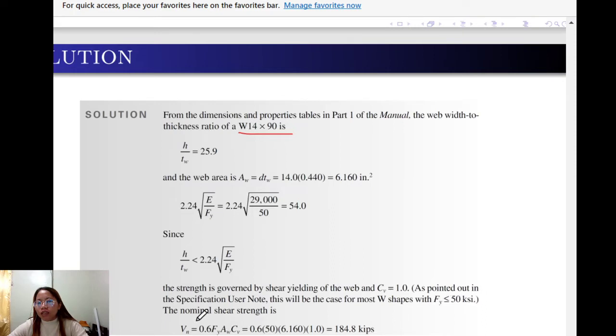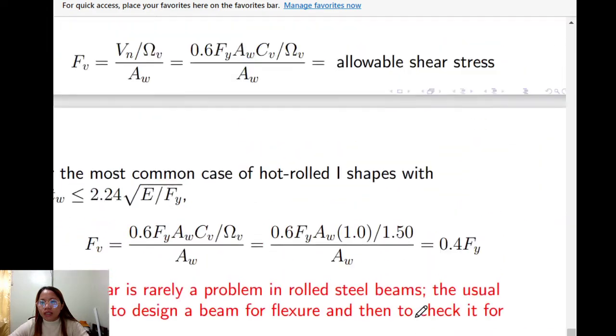KSI. So the nominal shear strength is equal to 60% of the tensile yield stress, that is Fy, times the area of the web times the C sub V, as discussed earlier.